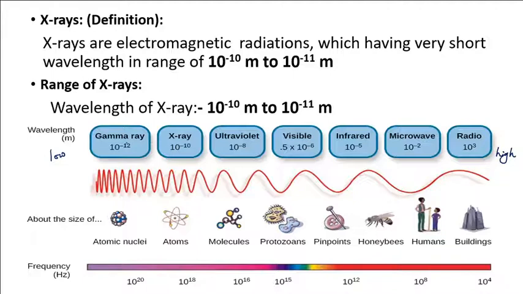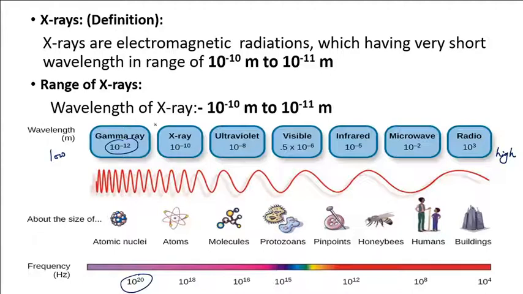Gamma rays have wavelength 10 raised to minus 12 meter, and since its wavelength is very low, its frequency is very high, about 10 raised to 20 Hz. That means the energy of gamma rays is very high among the electromagnetic spectrum. The size of atomic nuclei is comparable to wavelength of gamma rays.